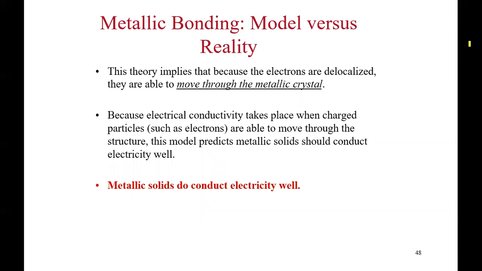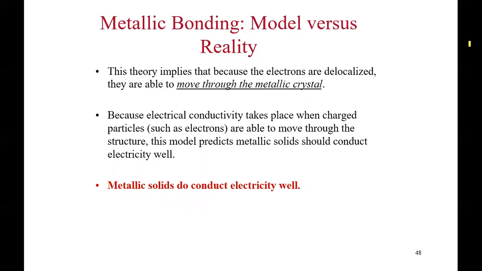It makes an interesting prediction. It says that because the electrons are delocalized, they should be able to move throughout the metallic crystal. Now, electrical conductivity occurs when charged particles like electrons are able to move throughout a structure.